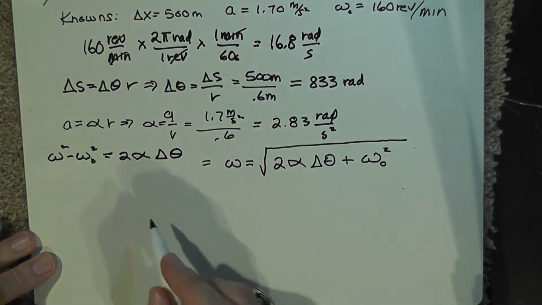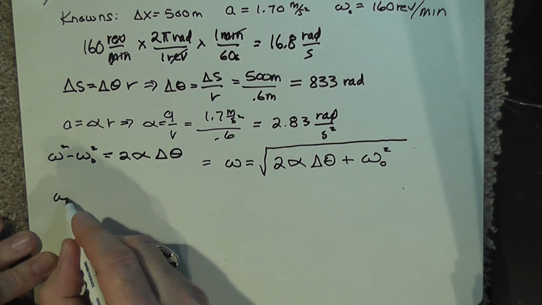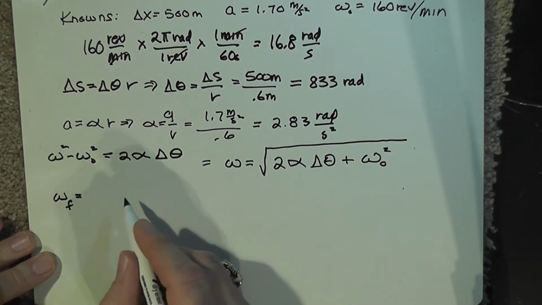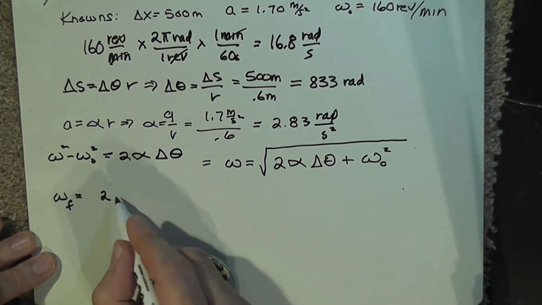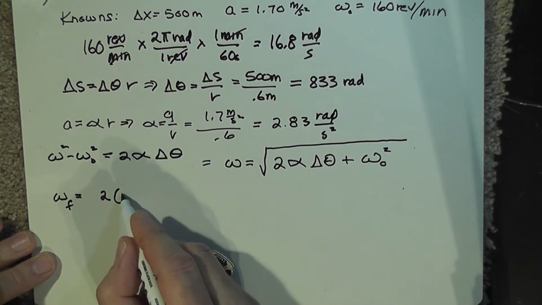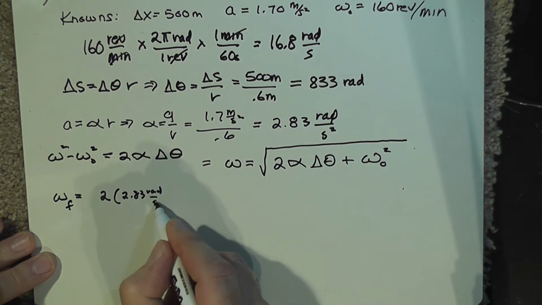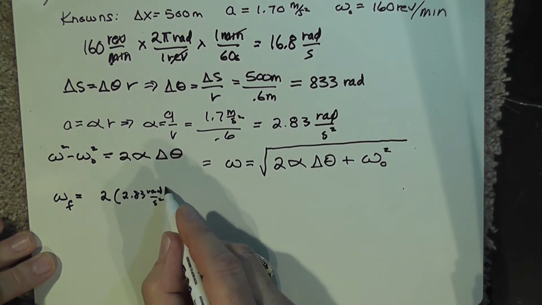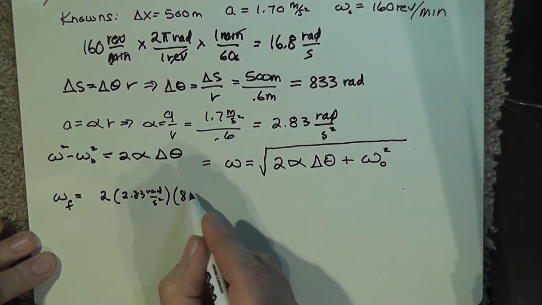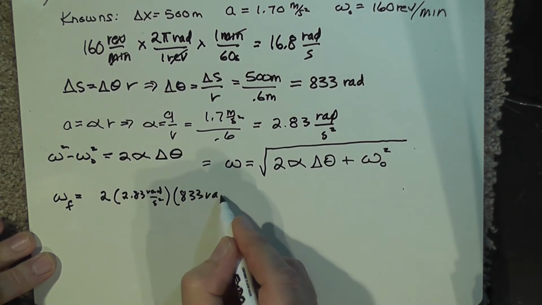Okay, so now let's plug everything in. Omega f is equal to the square root of 2 times 2.83 rad per second squared times 833 rad.